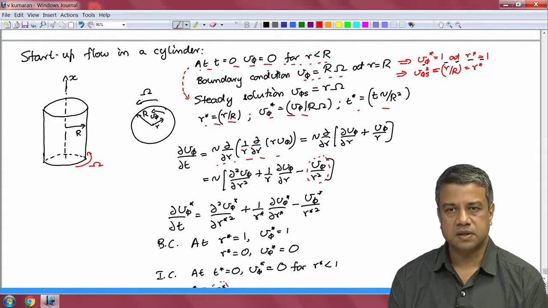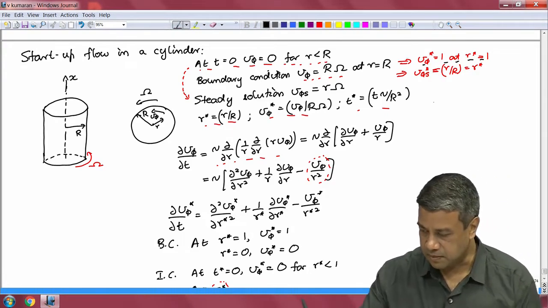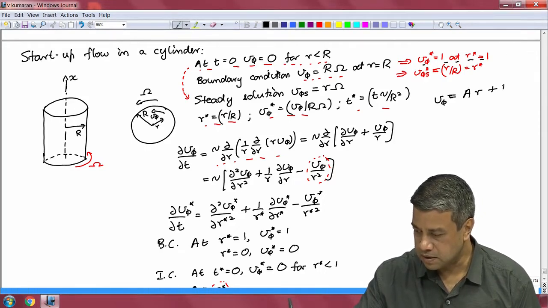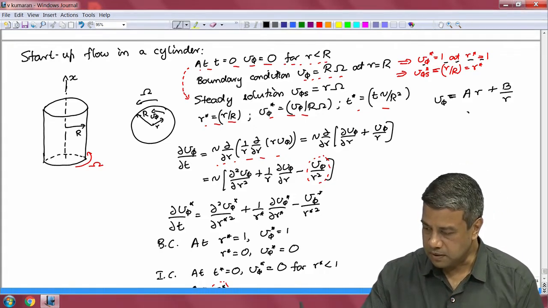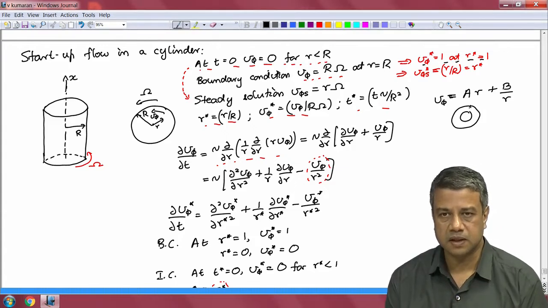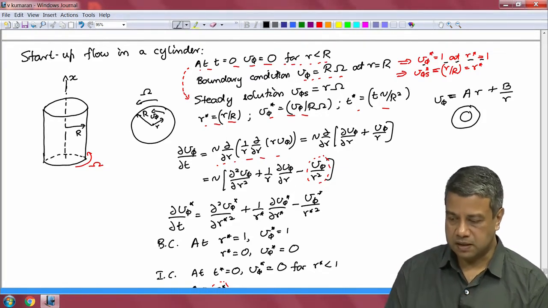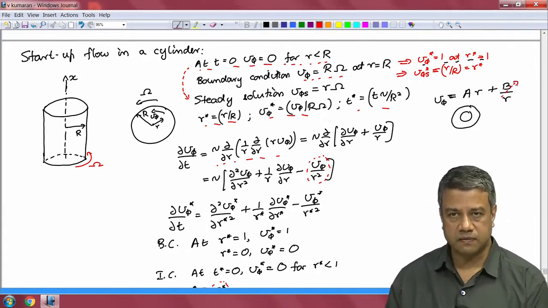The steady solution is when there is a solid body rotation. You recall that when we solved the steady state problem for the flow between two concentric cylinders, we had v phi equal to a r plus b by r. If you have flow within one cylinder, then this coefficient b has to go to 0, otherwise the velocity will go to infinity at the center.